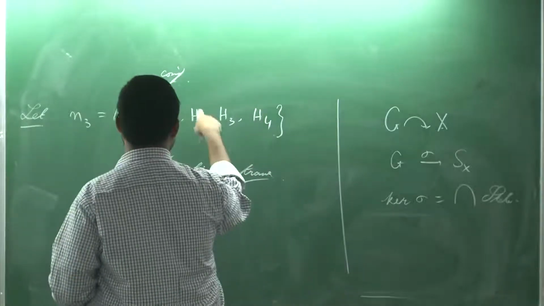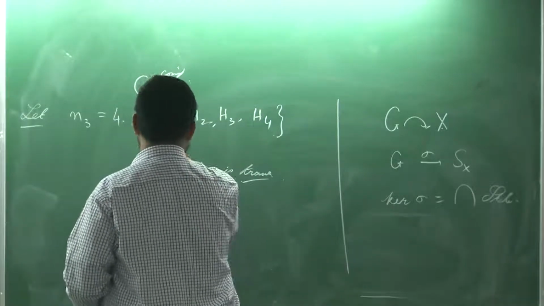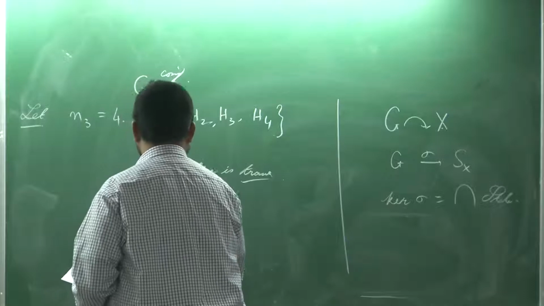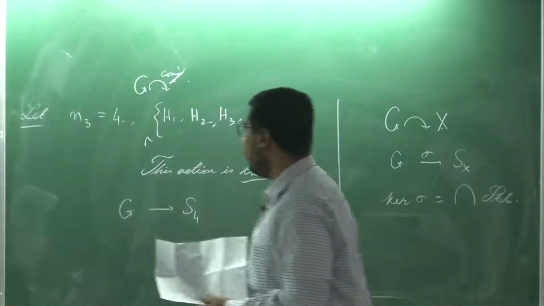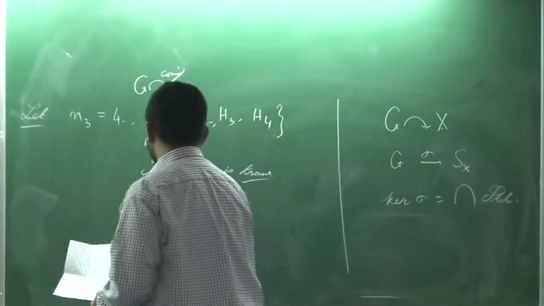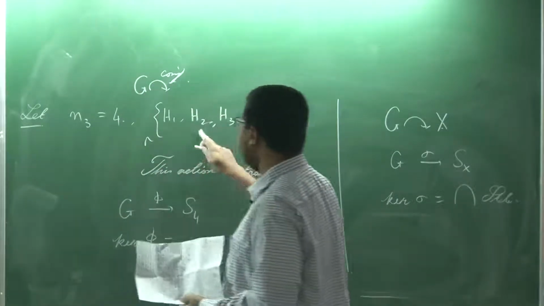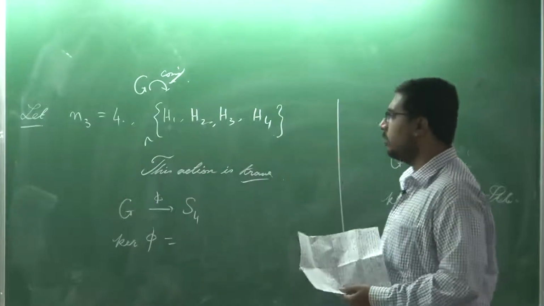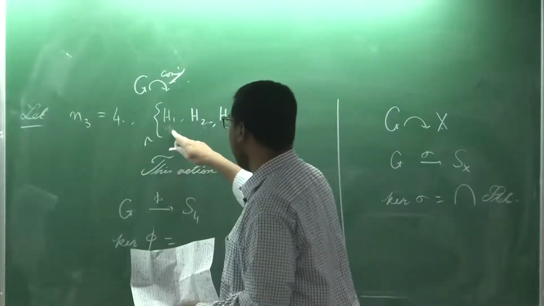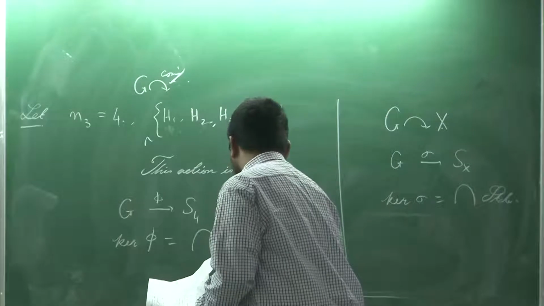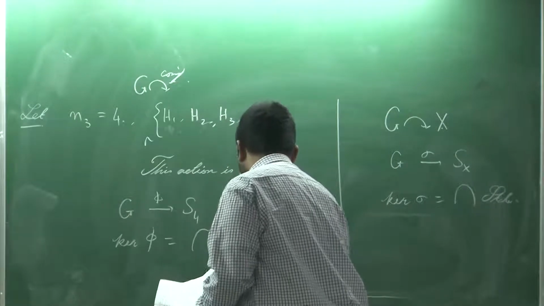So for this action, it leads us to the following homomorphism G to S4, let us call it phi. What about the kernel of phi? The kernel of phi will be the intersection of the stabilizers of each of these subgroups. The stabilizer of Hi is exactly the normalizer, right?